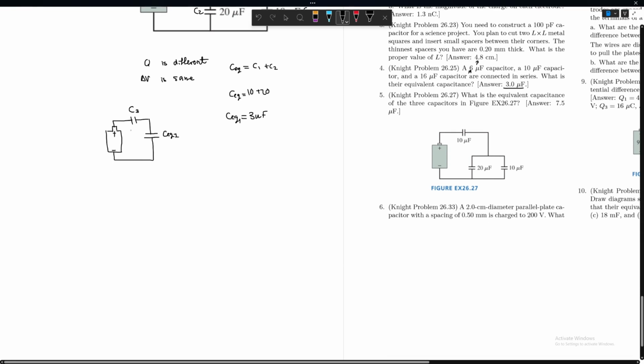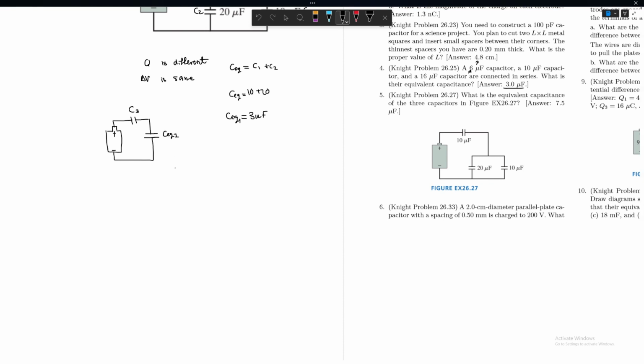So now this is series. And how can I add the capacitance in series? We just did this last question. That's 1 over C equals, but remember we're going to raise it, so C equals 1 over C1 plus 1 over the next one, which in this case is CEQ1, all to the negative 1. And that will be 1 over 10 plus 1 over 3, all to the negative 1.